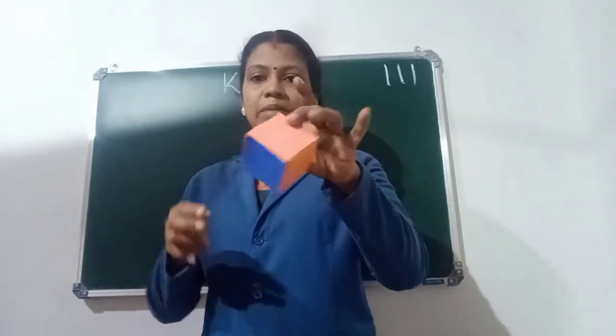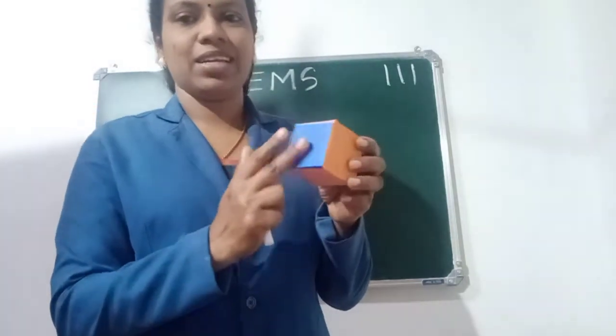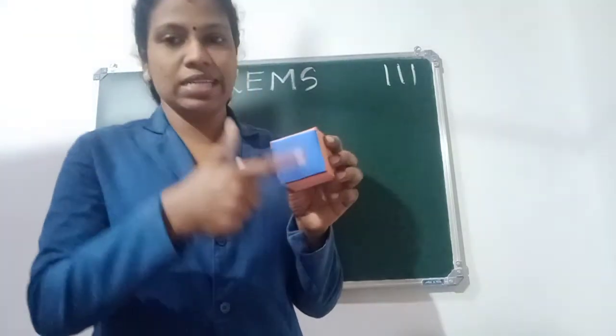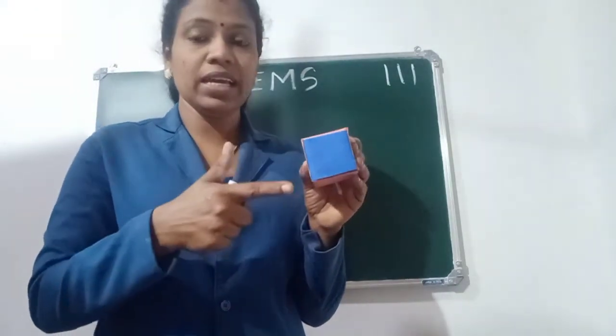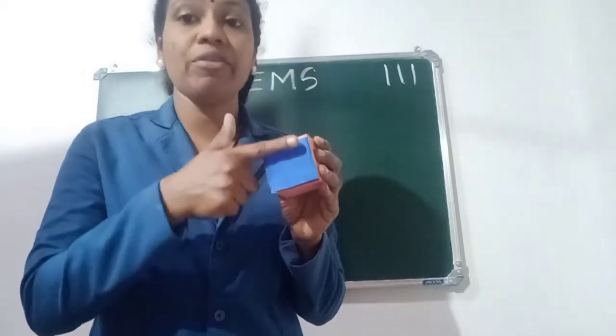So this is the shape of a cube. Now this is known as a face of the cube. This one side is called the face of the cube.